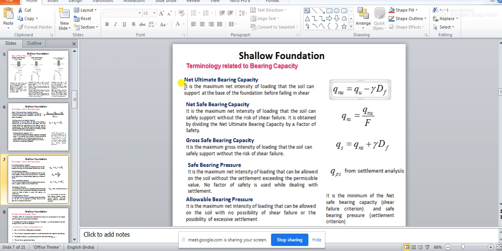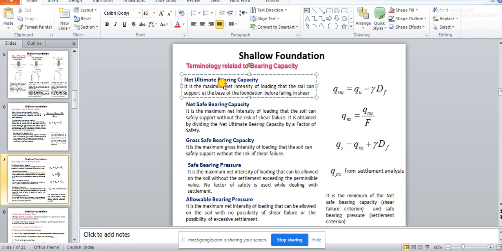So, definition wise, it is the maximum net intensity of loading which the soil can support at the base of the foundation before failing in shear.